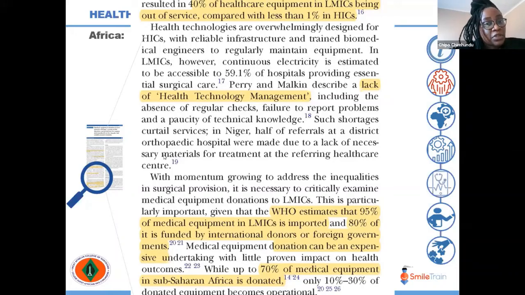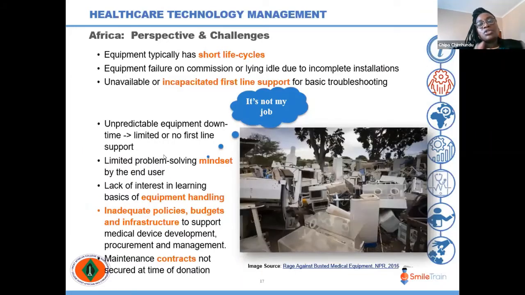You also find some of the challenges are that the companies that come and do the installation do not share the resources or the manuals that are required by the local staff in order to maintain this equipment or to keep it operational. So from our context, our general challenges are that our equipment then tends to have short life cycles.